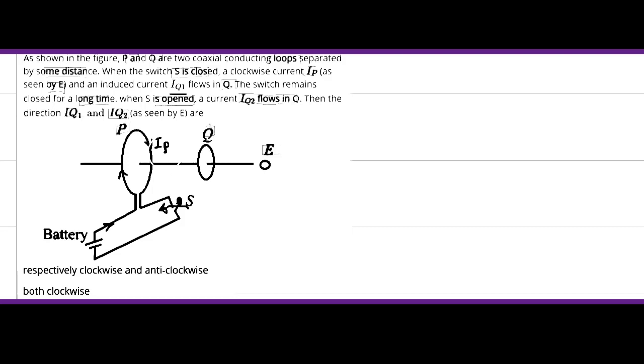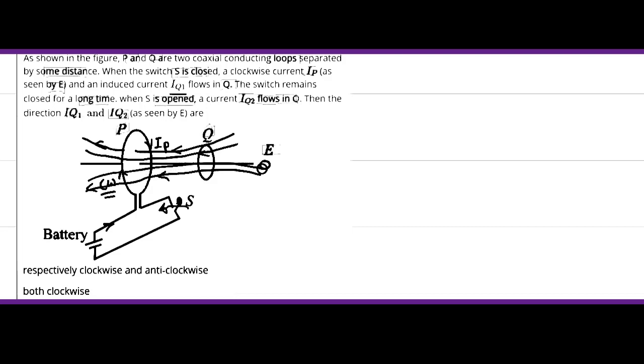So first of all, when a clockwise current flows in P as observed by observer E, due to the clockwise current the direction of the magnetic field will be like this.